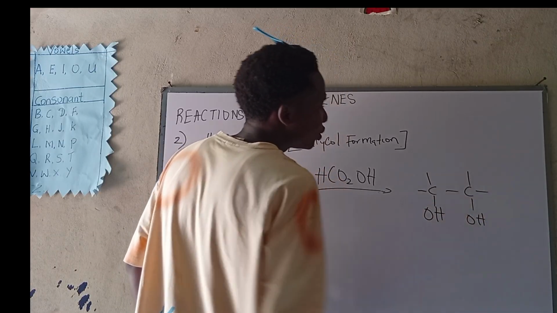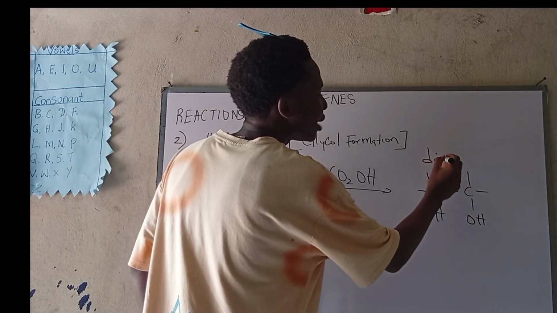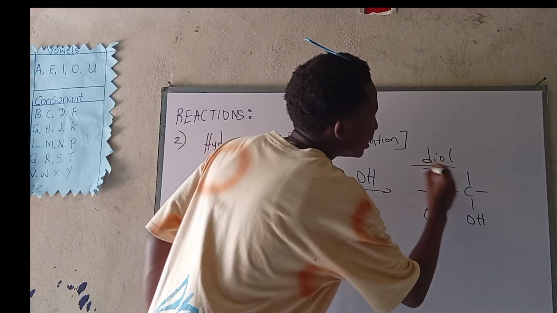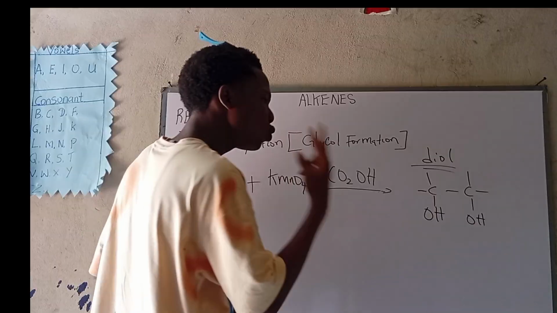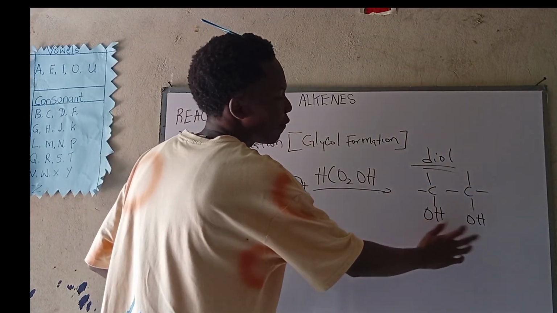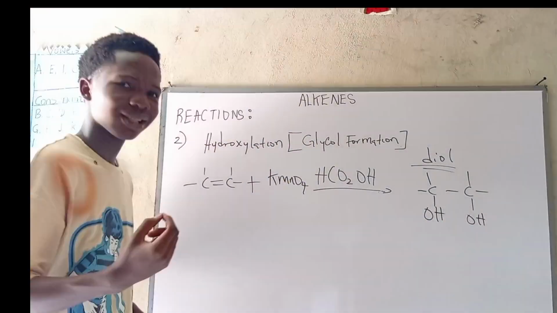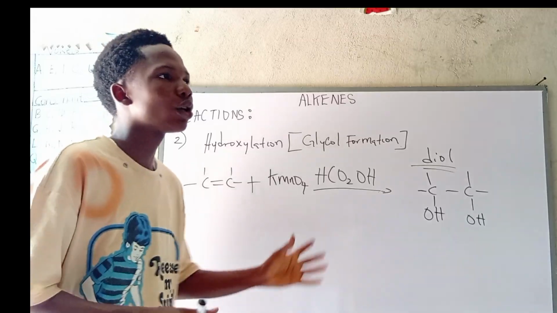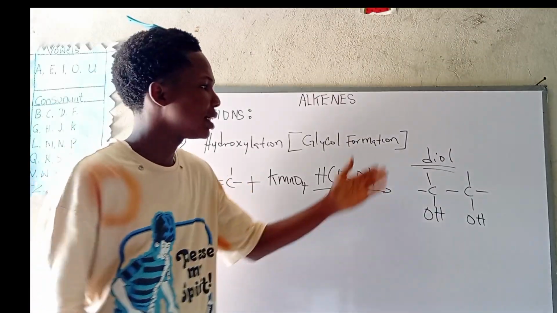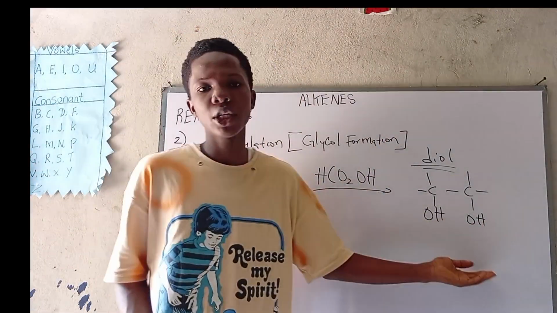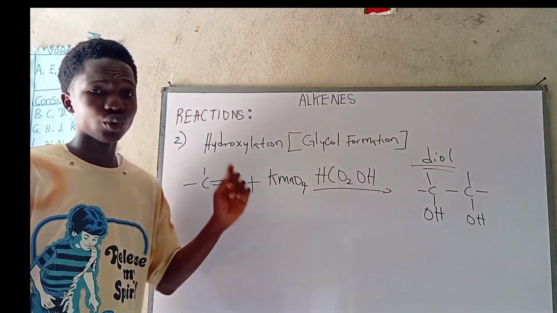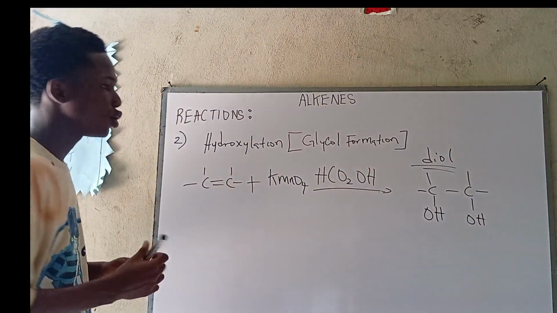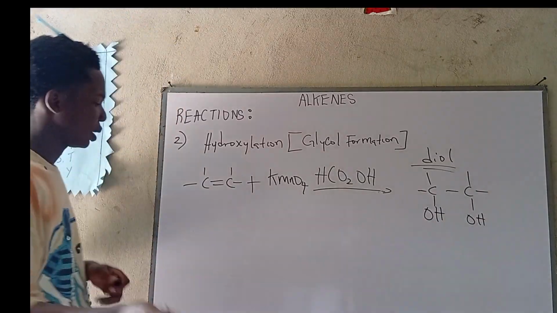If you are wondering what a diol is, it's very simple. It means there is the presence of two OH functional groups, the way we have dichloro, dihalides. It's the same thing with diol: we just have two OH present. So which example do we now use? Let's use butene.